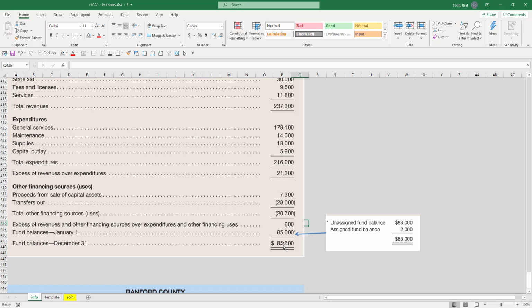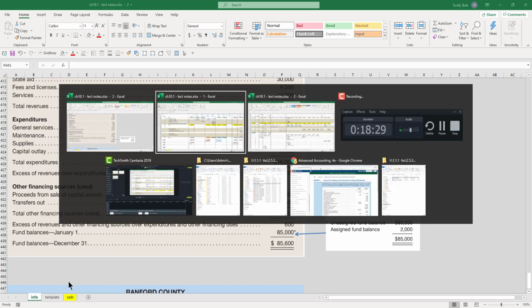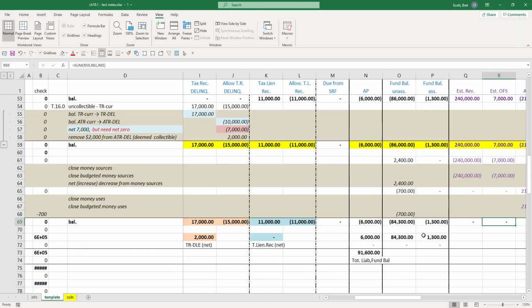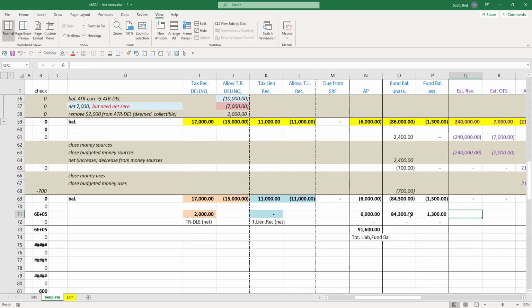Now we add 6, so we should have 85.6 as our fund balance. Do we have that? Let's go over to our fund balances here. Net those together, what do we get? 85.6. So we do. Beginning of the year plus changes gets us to 85.6.